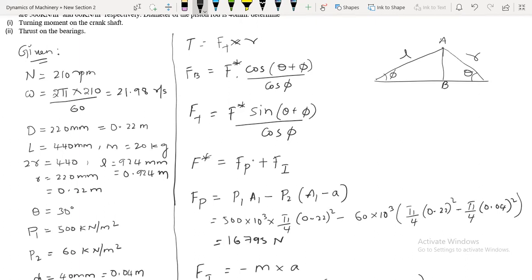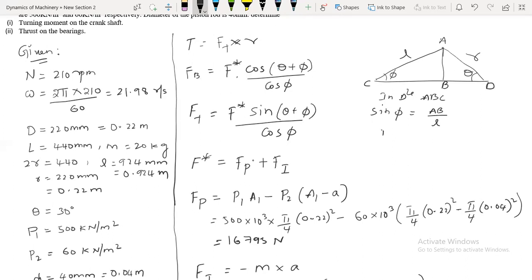Let us say this point is C and this point is D. So in the triangle ABC, sine phi can be written as AB by L, that is opposite by hypotenuse.